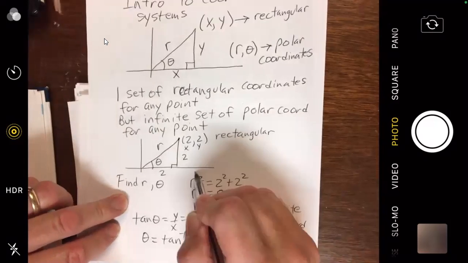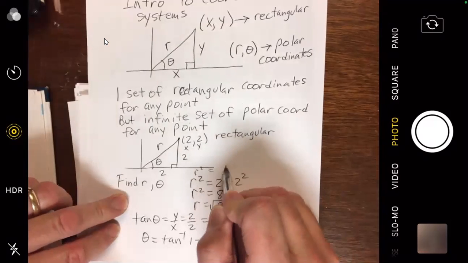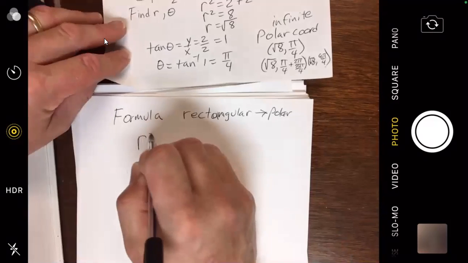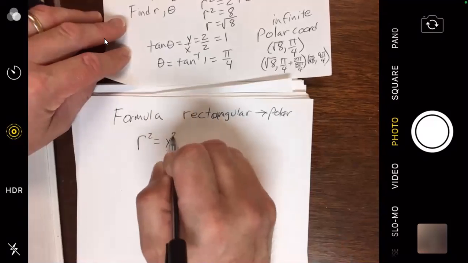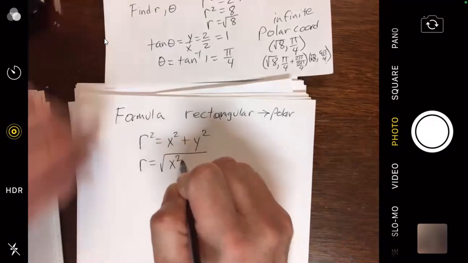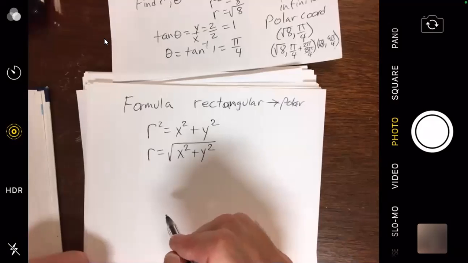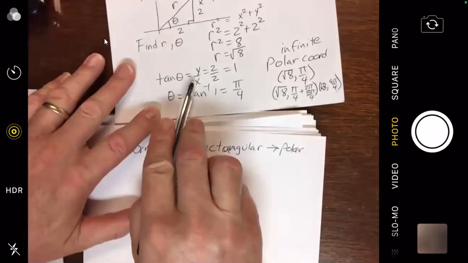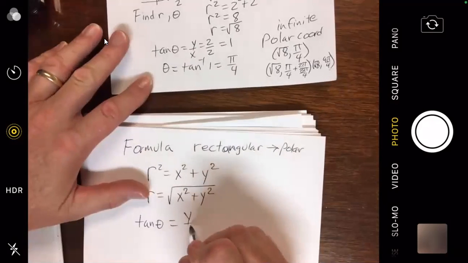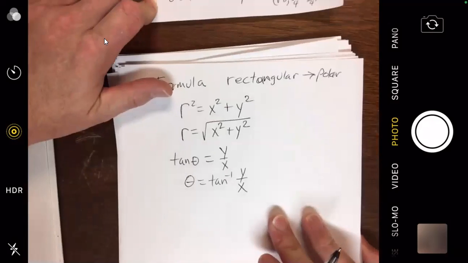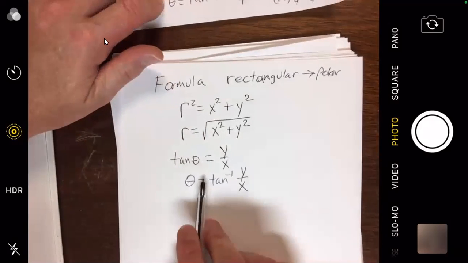You basically went R squared equals X squared plus Y squared, which means R would be the square root of X squared plus Y squared. And tan theta is Y over X, which means theta is the arctangent of the ratio Y to X. So this is how you get to R and theta from X and Y.